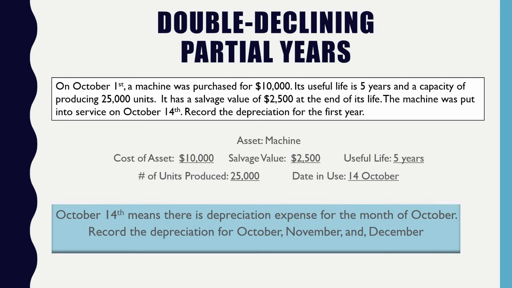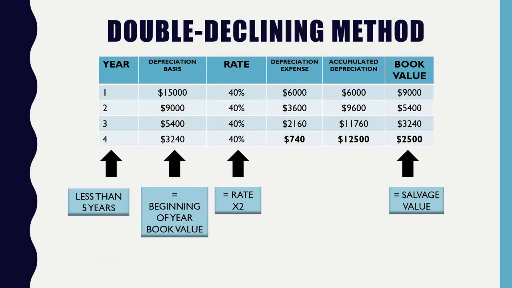So with that being said, as I mentioned before in the very beginning of the lesson, one thing that you need to understand is depreciation for double declining is time sensitive. Okay? So again, I'm going to go back real quick to this page.